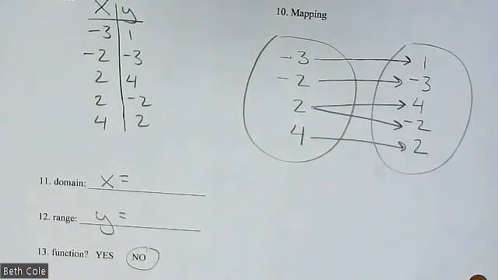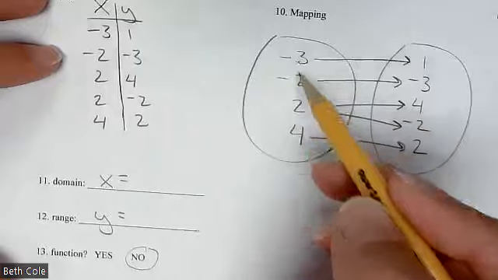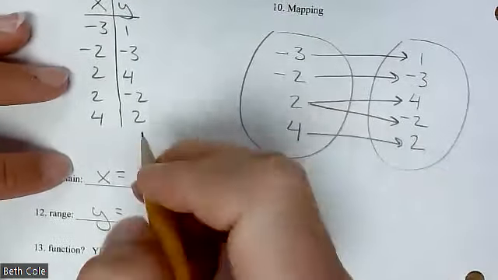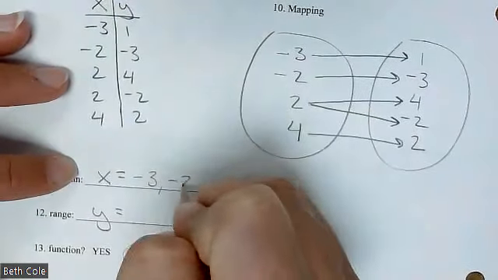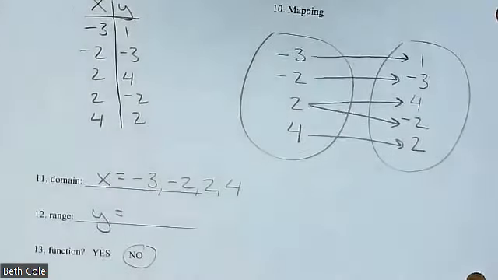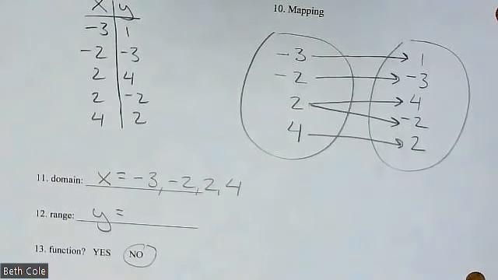And as long as all the X numbers are there, I'm happy. They should technically go in order, smallest to biggest, so it'll be -3, -2, 2, and 4. Again, you don't repeat them. For the mapping and the domain and range, you don't repeat them. That's the only thing people ever really miss.